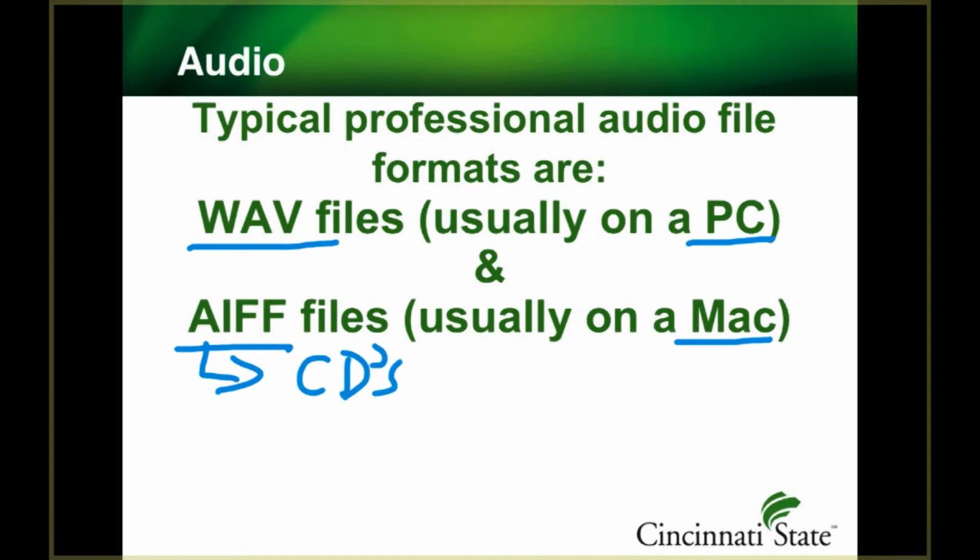So AIFF files, if you were to pull directly a music file off of an audio CD, it'd be AIFF. But if you're recording a professional level audio file, which is a minimum 44.1 16-bit, although it could be 44.1 24-bit, it could be 96K 24-bit or whatever, the file format would be a WAV file.